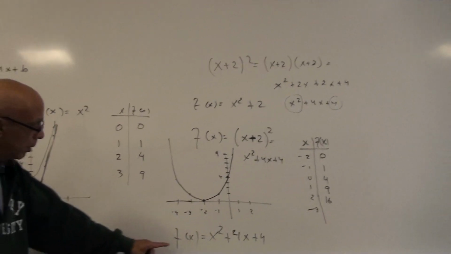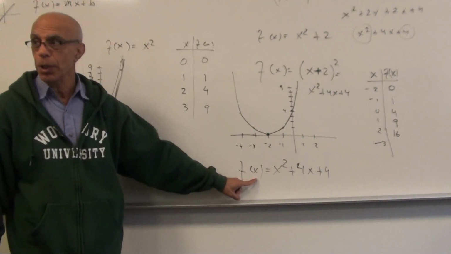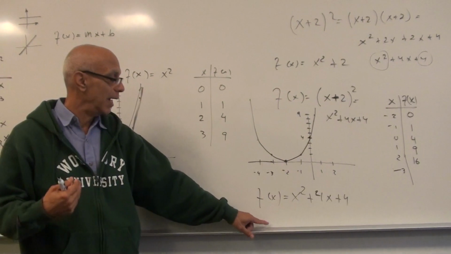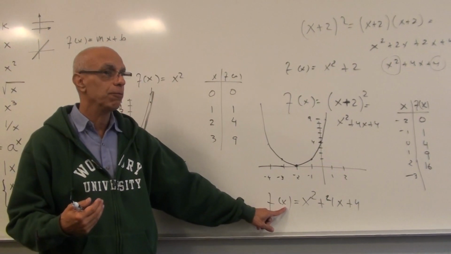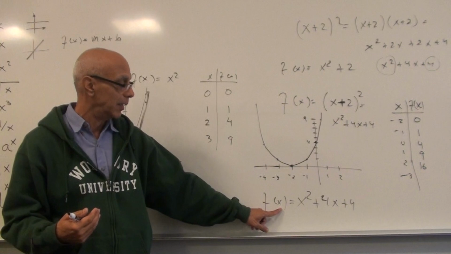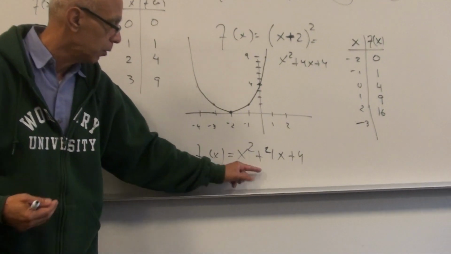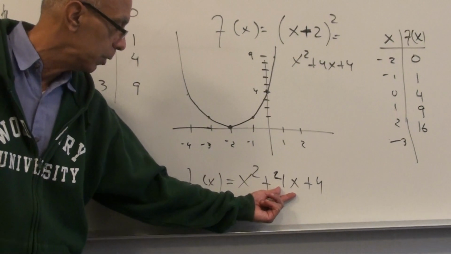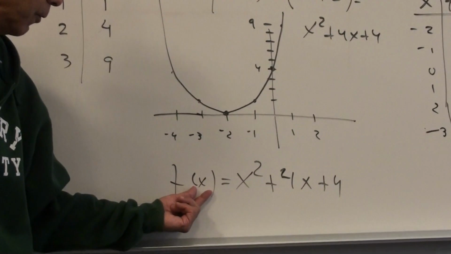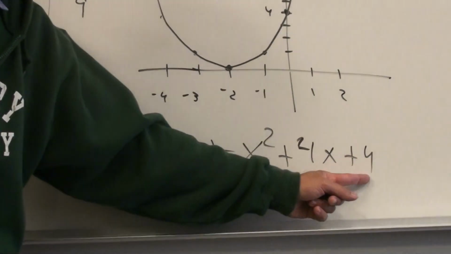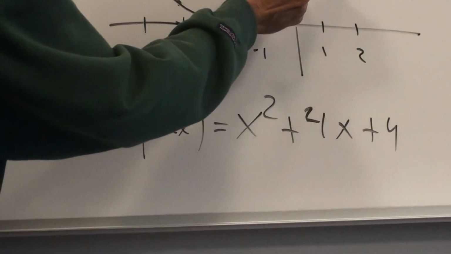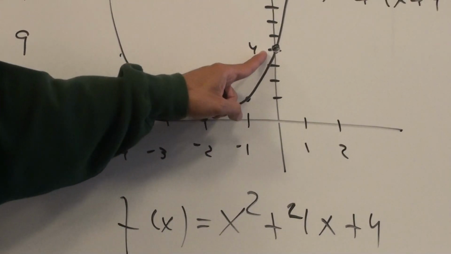Now, when we set x equal to 0 here, what is that we are finding? We are finding the y-intercept, right? When you set x equal to 0, this term is going to be 0, this term is going to be 0, so f of 0 is going to be 4, and it is exactly here, that's the y-intercept, you see?